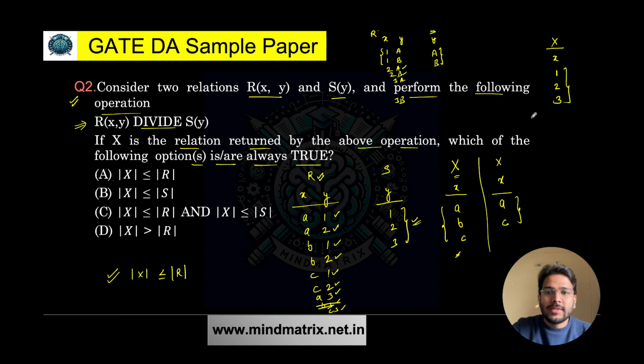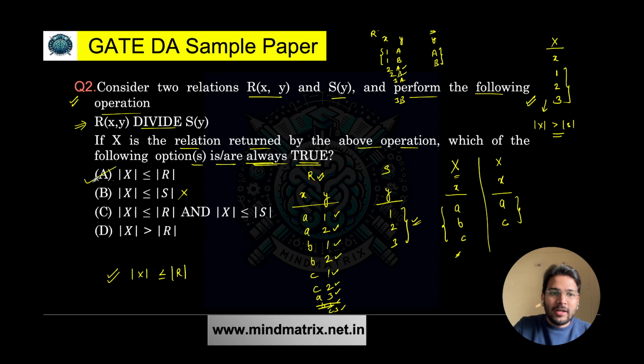Now from this example, can we say that cardinality of X is greater than cardinality of S, and it is talking about always true? So we can say this is not always true, as we have seen in this example. This is also a possible case here.